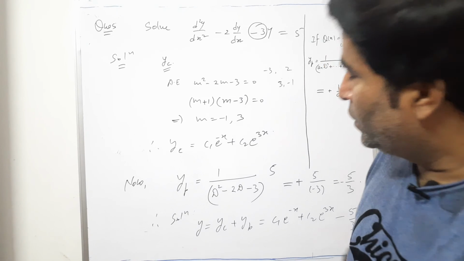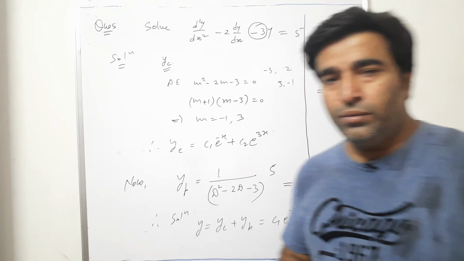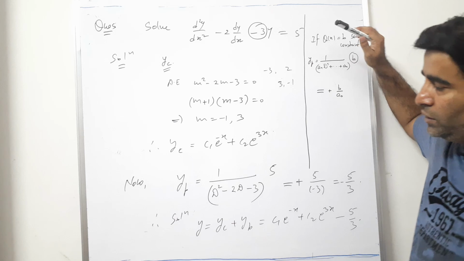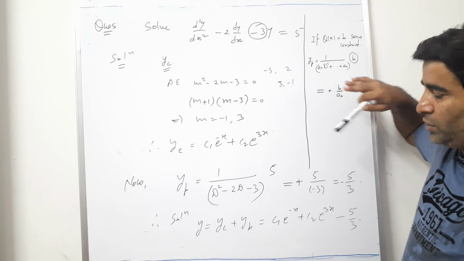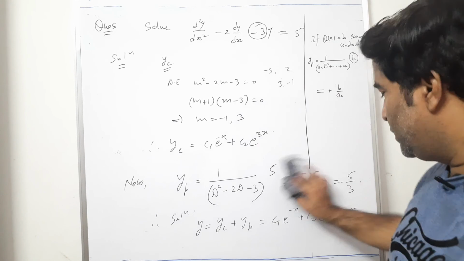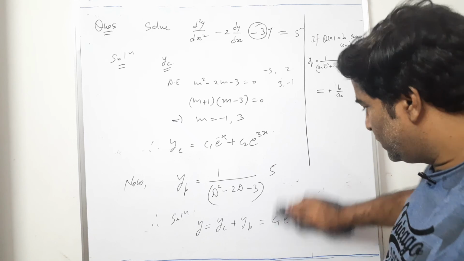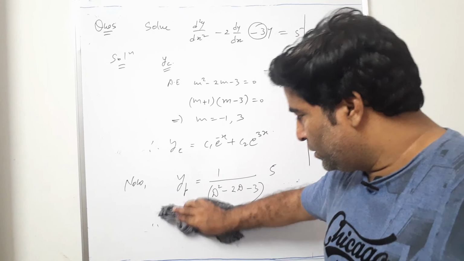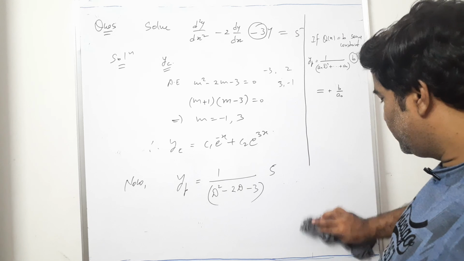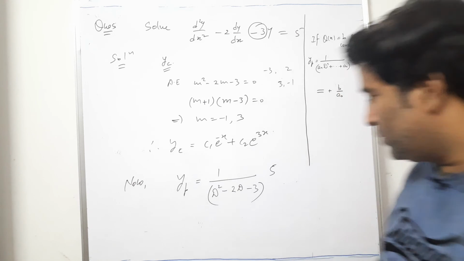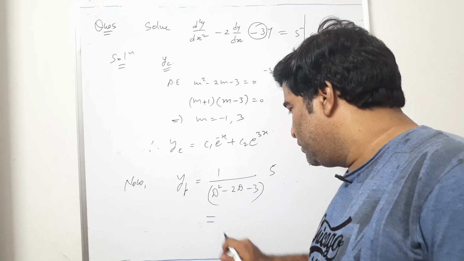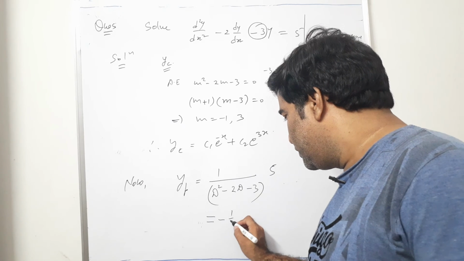So if we have a polynomial or constant, then the process is the same to solve these questions, or you can solve it like this. You don't need to write it directly. You can also use the same process here.